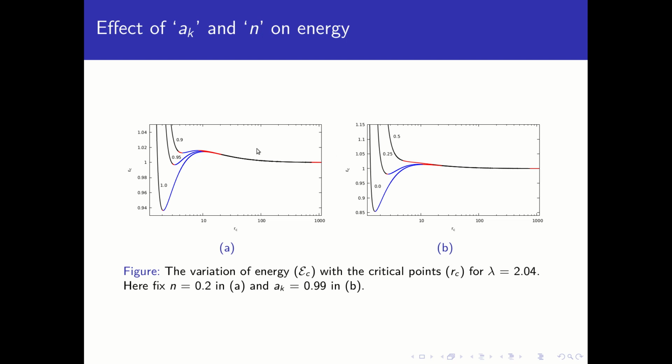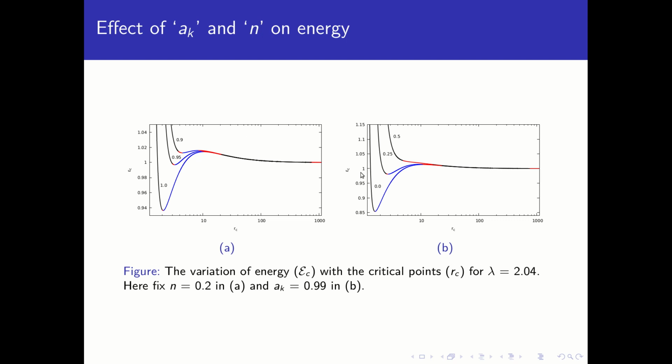In this figure, we plotted the energy with the critical point. The black color represents the saddle type critical point, the red one represents the nodal type, and the blue one represents the spiral type critical point. Here we are interested only in the saddle type, which is the physically acceptable critical point, and we will see how the flow behaves when it passes through the saddle type critical point.